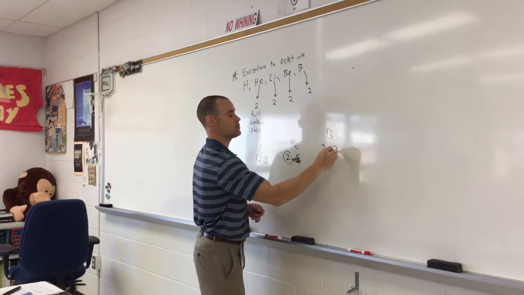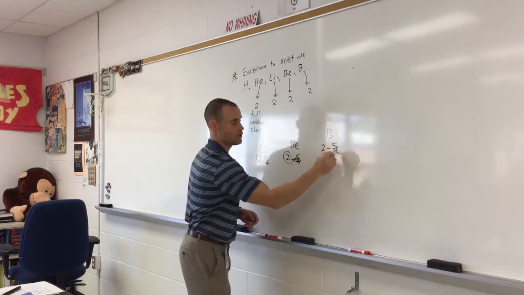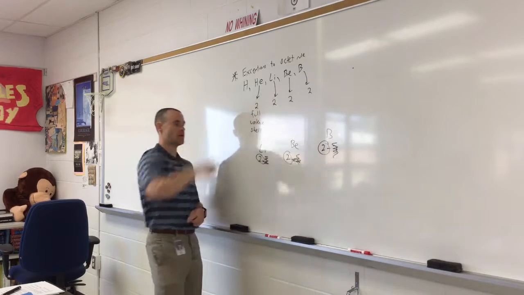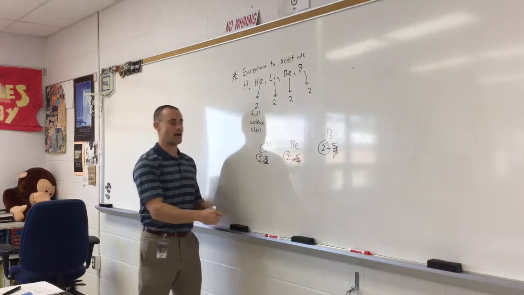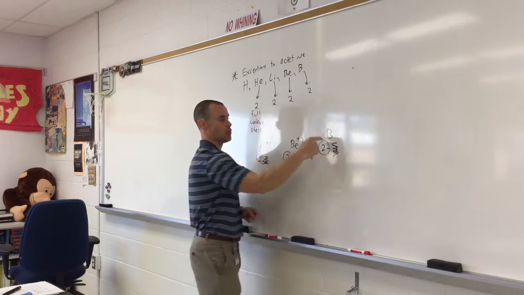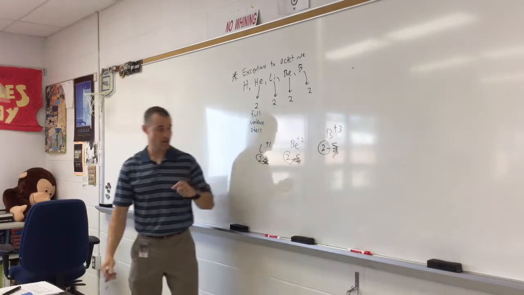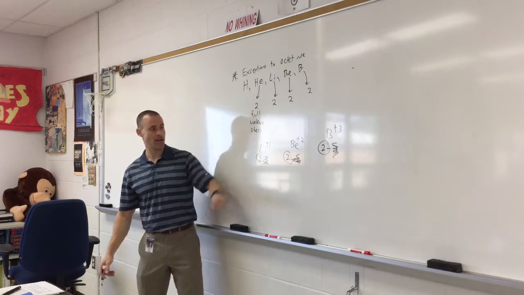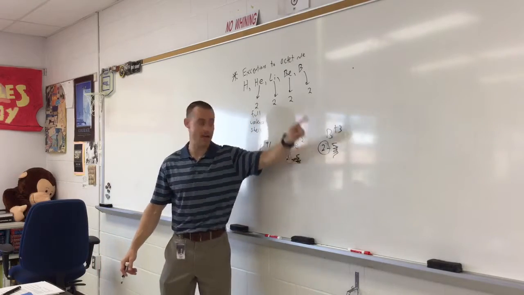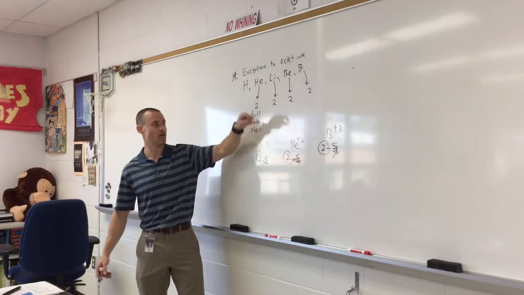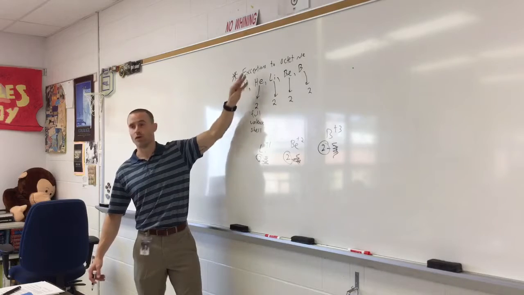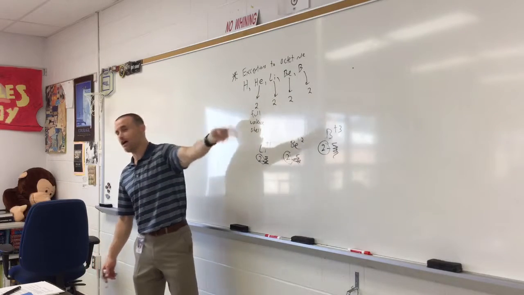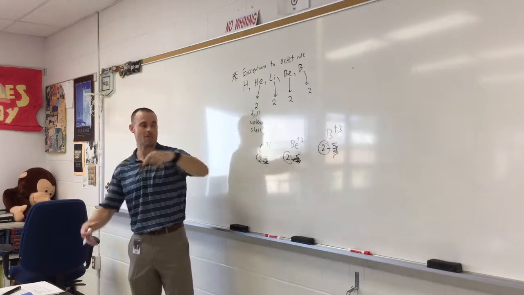It's 2-3. If it loses 3, it has 2, just like everybody else. So lithium forms a +1 ion, beryllium forms a +2, boron +3. That means it's losing 1 electron, losing 2, losing 3. If it does that, it has a full valence shell, but it's not 8. So these are the only weird ones that don't have 8. Everybody else will have 8, and that means stable.